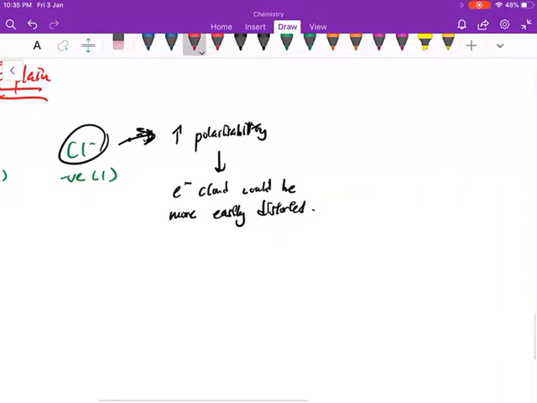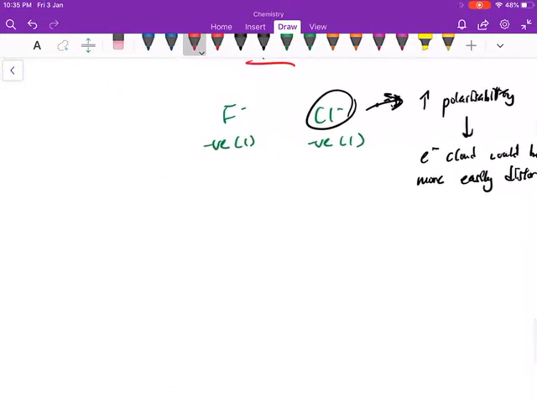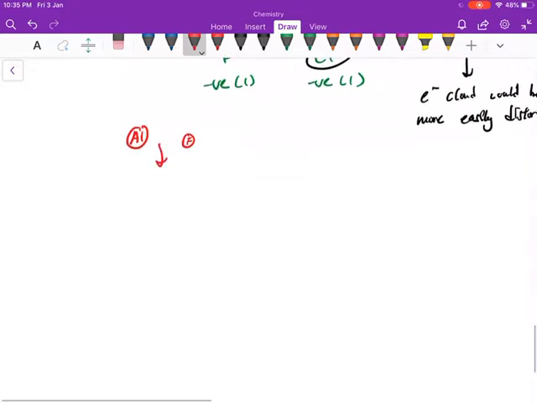So if we draw a diagram in some way, I'll just draw one aluminium ion and one fluoride ion. We can then convert it into something like this, as in the real world.